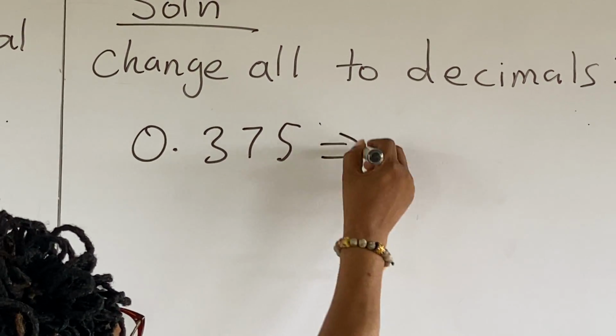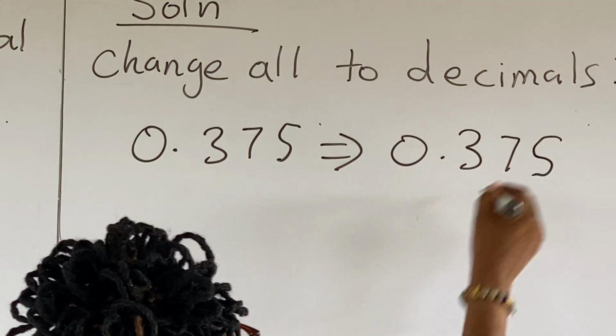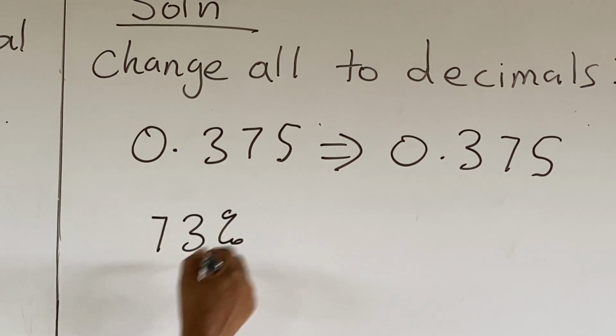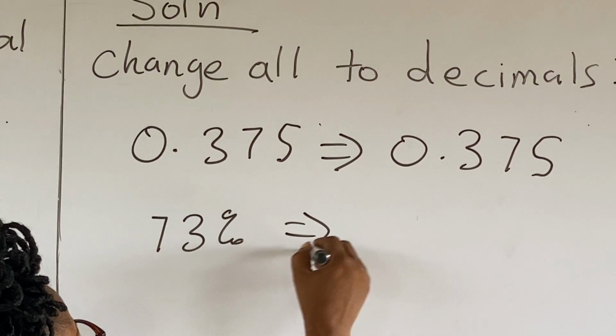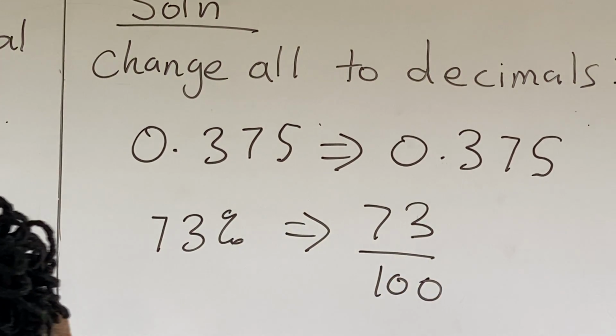0.375 is a decimal fraction already, so we'll leave it as such. Now we are going to change 73% to a decimal fraction. And we know that percentage deals with 100. So we are going to divide 73 by 100.